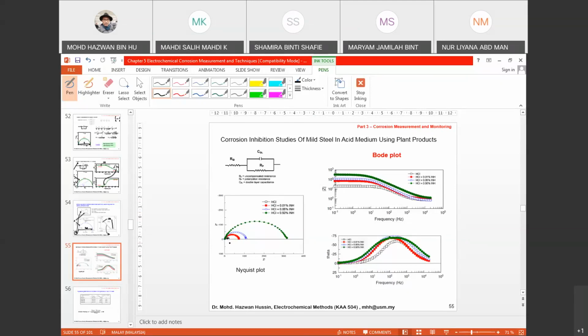This is after you overlay. It doesn't mean that you run the whole thing to get all results. It means that for the blank, you run it once, you get one semicircle. For concentration 1 until concentration 3, you run it, and then this is the overlay. You just overlay it together. So for the blank, you see that it forms a small semicircle.